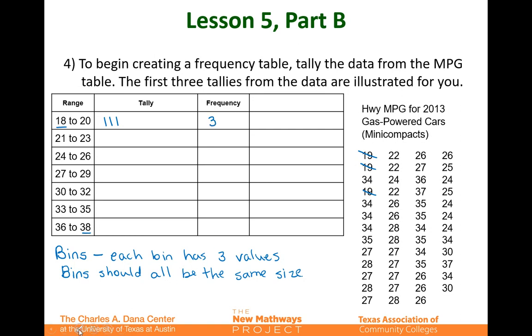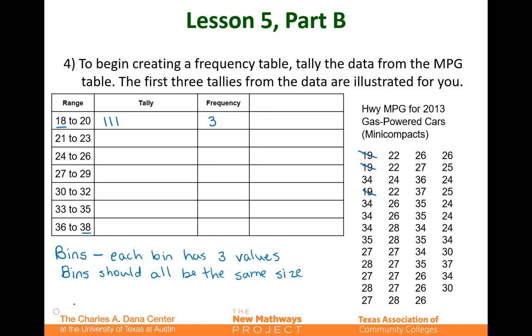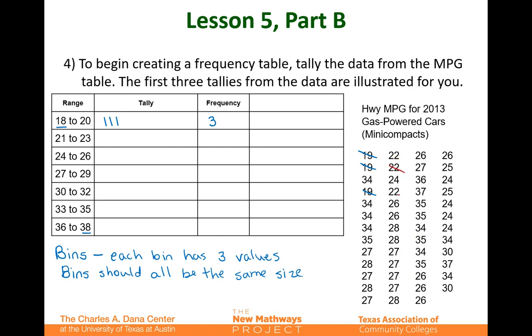If we want to get a different group, let's move to the next bin. We'll use, in dark red, 21 to 23. Well, that's 21, 22, or 23. Again, that one also is a frequency of 3.